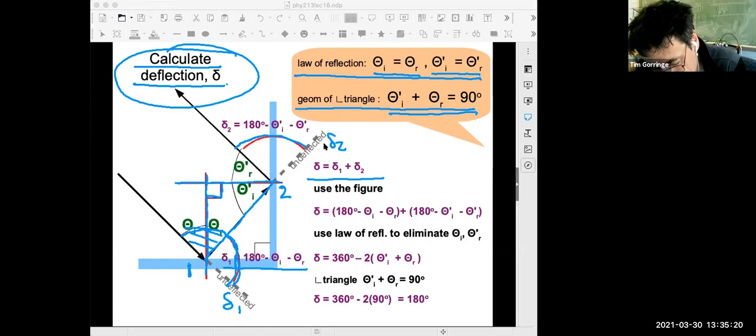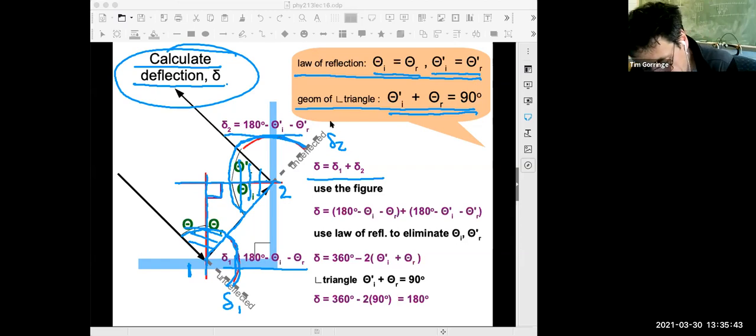And likewise, delta 2, this deflection, is the full 180 degrees all the way around here, less the amount that's consumed by theta I prime and theta R prime in here. And so that's delta 2.